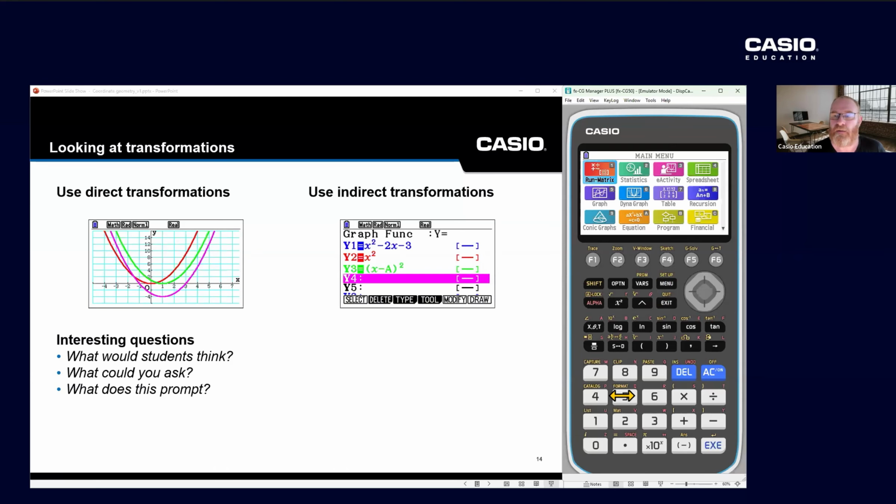If we then go back to function editor in graph mode, I'm just going to delete those direct transformations. The reason I'm doing that is just so that everything is on the top of the screen. The number of functions you can actually draw does go up to y20.